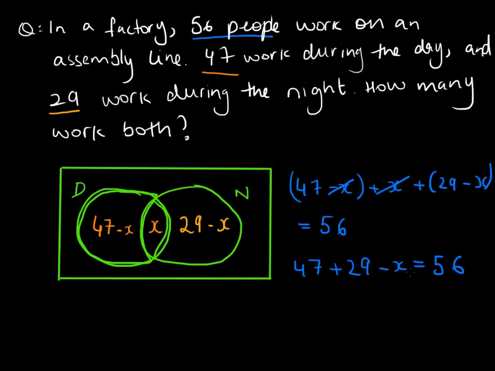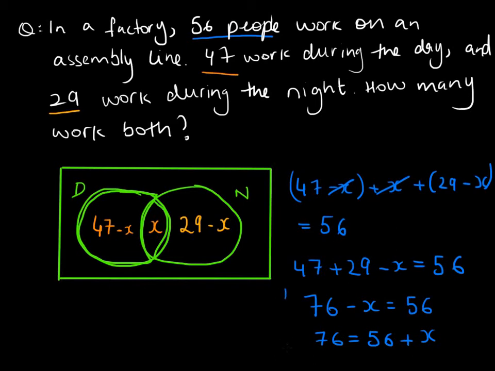Now, if we add 47 and 29 together, we get 76. So 76 minus x equals 56. Now, to solve for x, we would just add x to both sides, so we get rid of the x on the left-hand side, and we get the x on the right-hand side. So this would become 76 equals 56 plus x, and then we would subtract 56 from both sides to get x equals something.